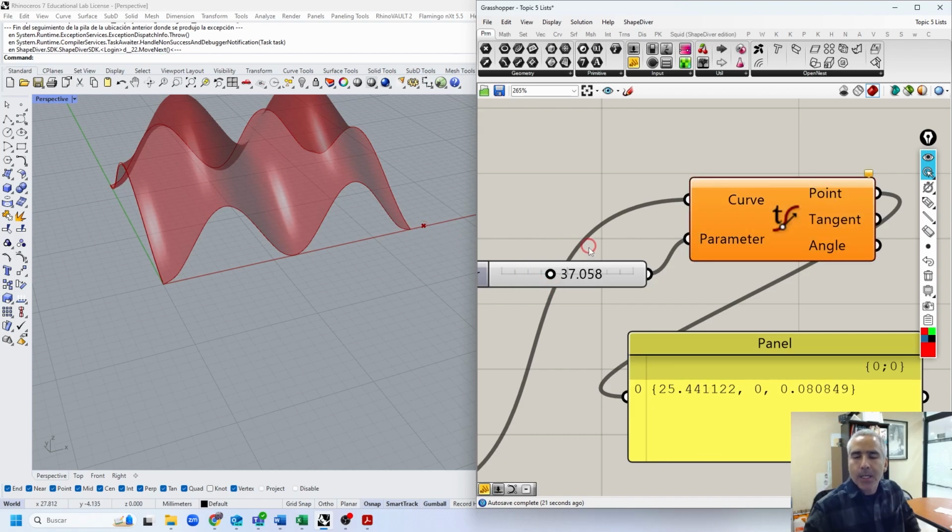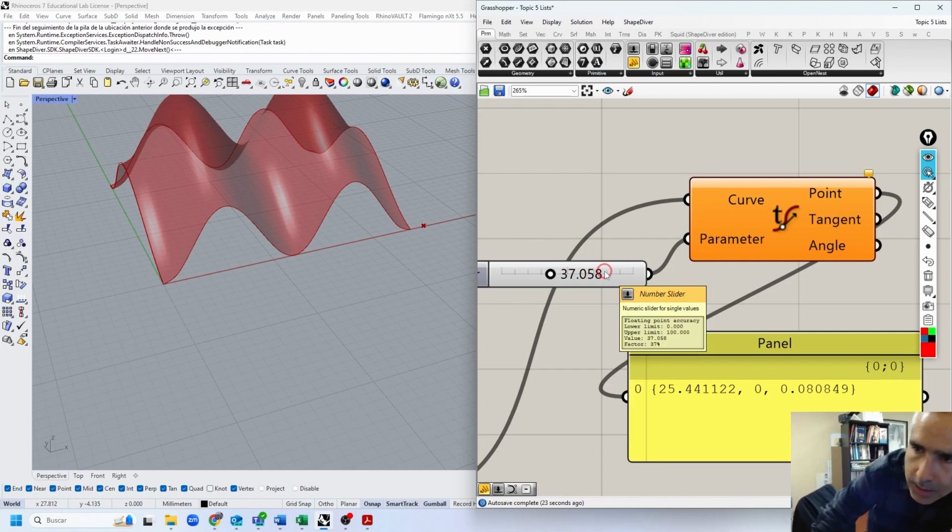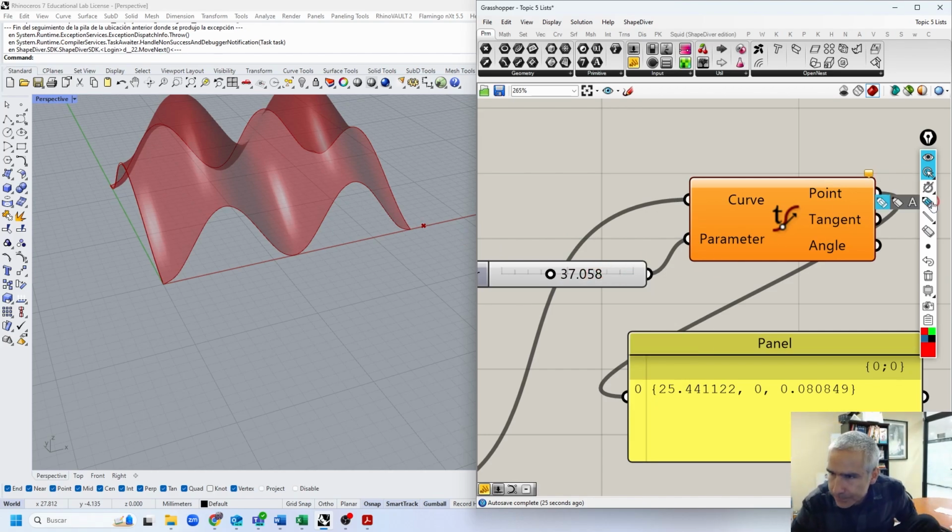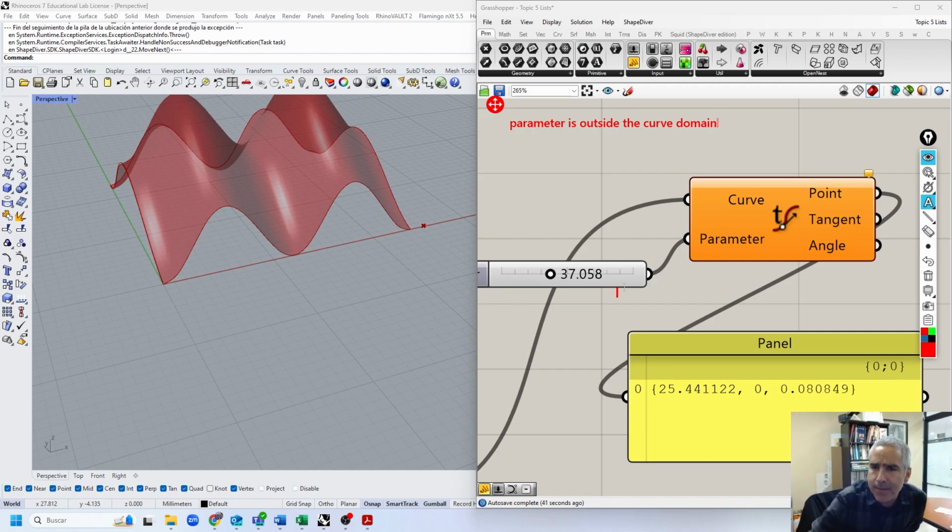Basically, it's saying the parameter is outside the curve domain. What that means is that I tried to supply a number that was outside of the curve domain, and the curve domain is nothing else than its length.